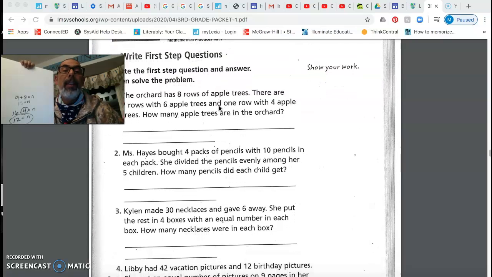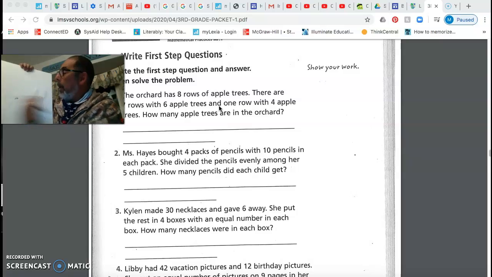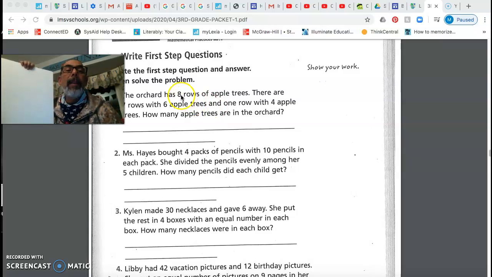First step equations. We did not go over 2-step equations, but here's an example where it says there are 8 rows of apple trees. There are 7 rows with 6 apples. Well, that would be 7 times 6, and 1 row with 4 apple trees. That would be 1 times 4.